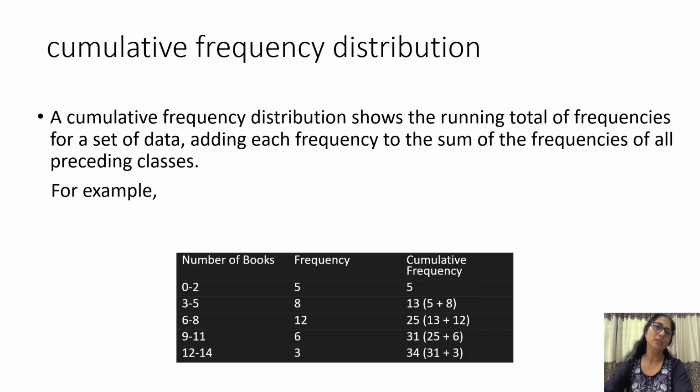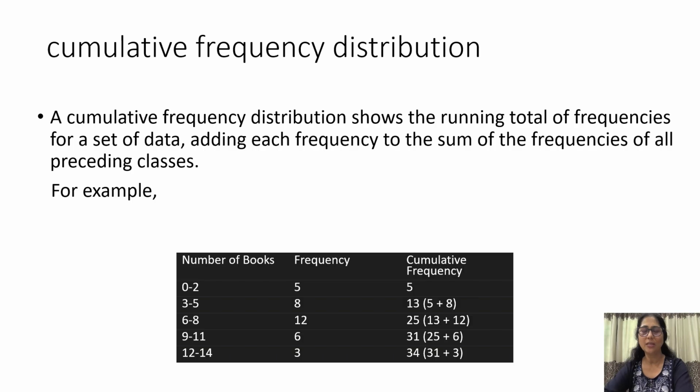Again, the next topic is the cumulative frequency distribution table. What is it? The cumulative frequency distribution table shows the running total of the frequency of the set of data. In that, we add each frequency to the sum of the frequencies of all preceding classes. This is an example to explain what a cumulative frequency distribution table is.